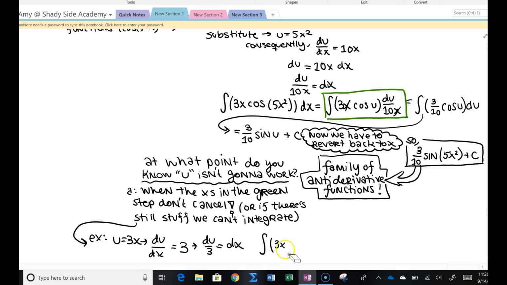This method is called integration by substitution, or some people call it u-sub.